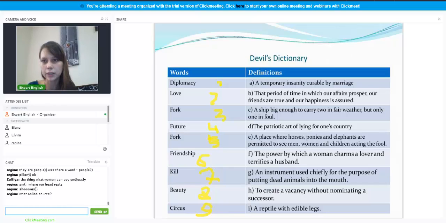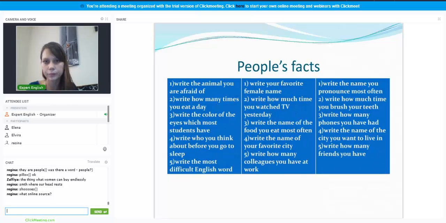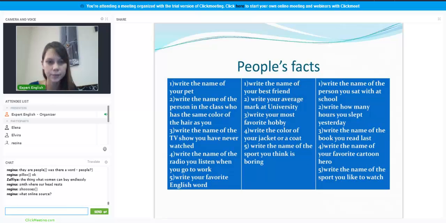Another integration exercise I'd like to speak about, where we can combine some creativity and speaking as well, is called people's facts. For example, students get one of such cards, just a third of it, and other students don't see it.